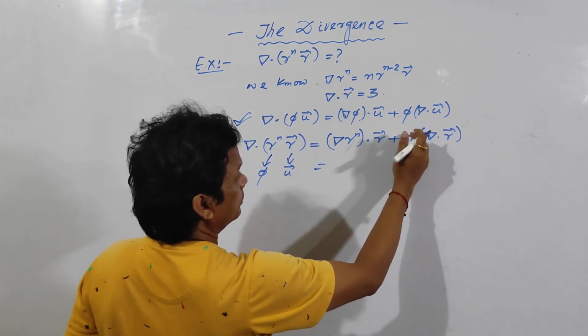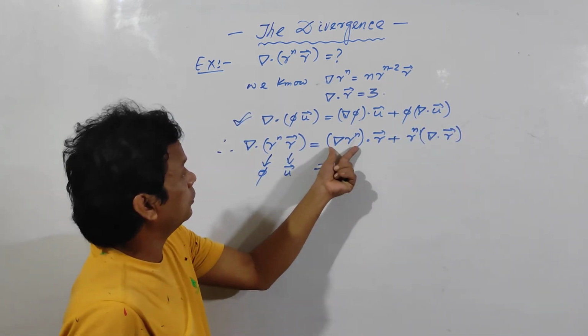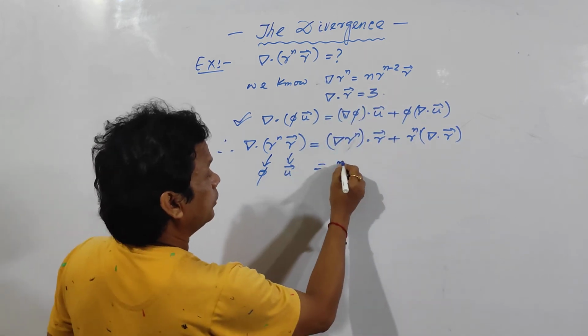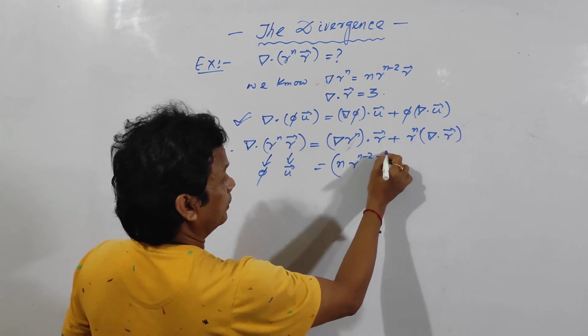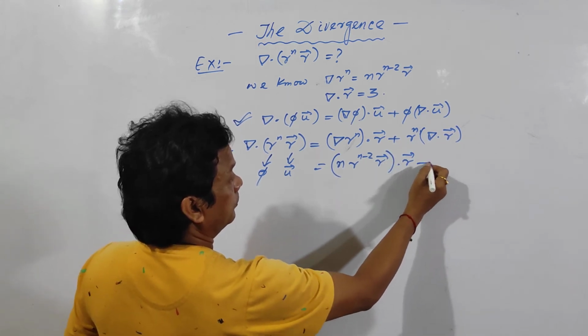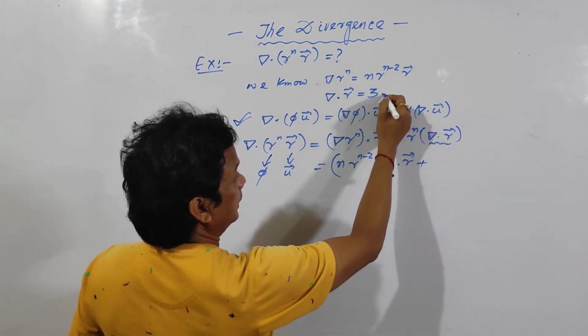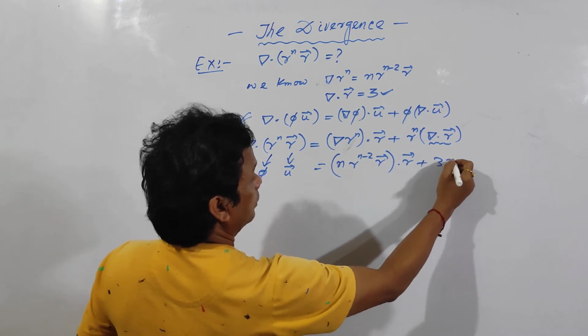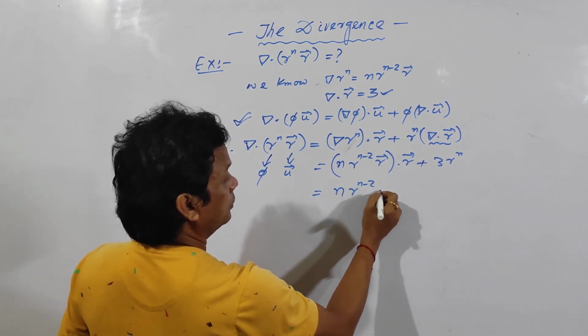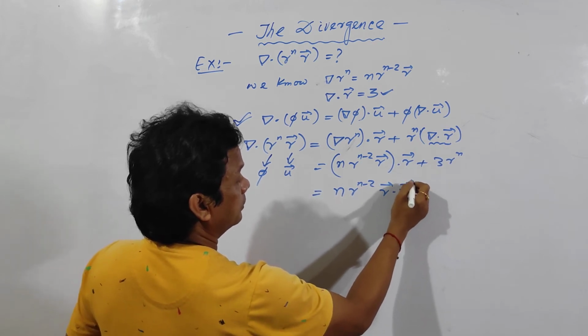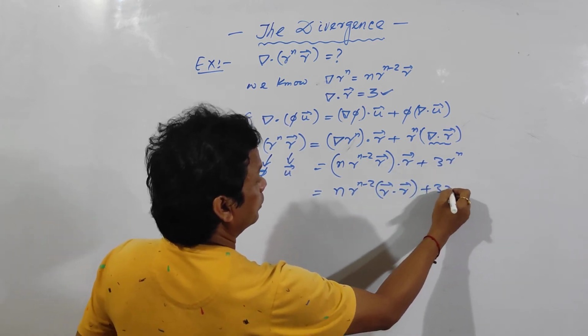Apply the values. Del of r to the power n is n into r to the power n minus 2 into r vector, dot r vector, plus, and this quantity is 3, so 3 into r to the power n. So now n into r to the power n minus 2 into r vector dot r vector plus 3 into r to the power n.